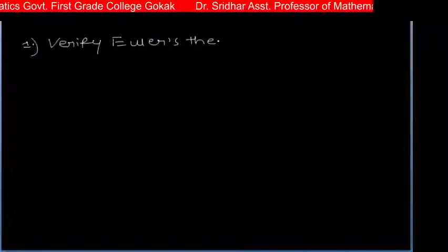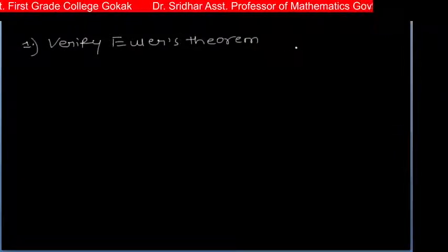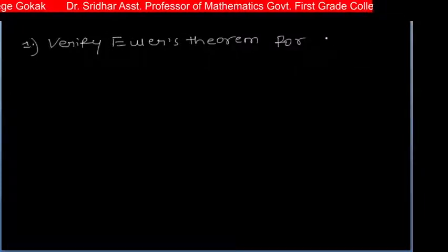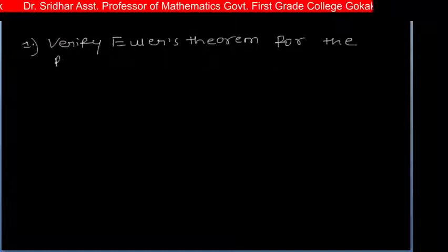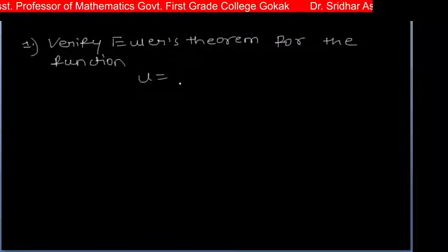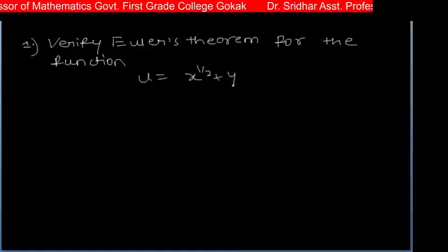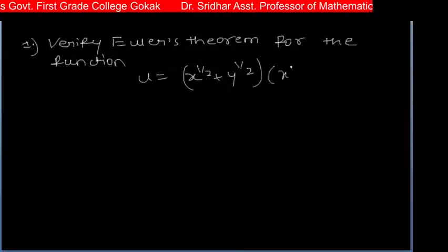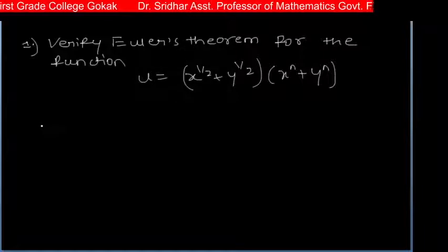Here the problem is: verify Euler's theorem for the function u is equal to x raised to half plus y raised to half, into x raised to n plus y raised to n.